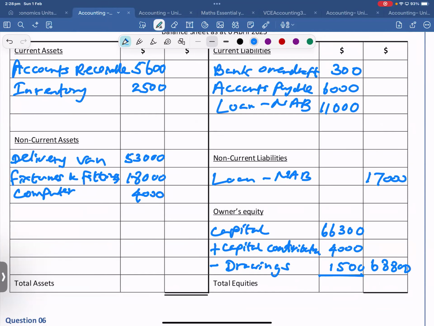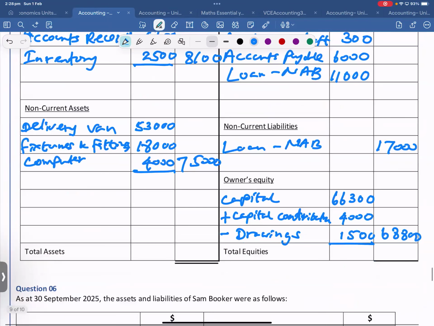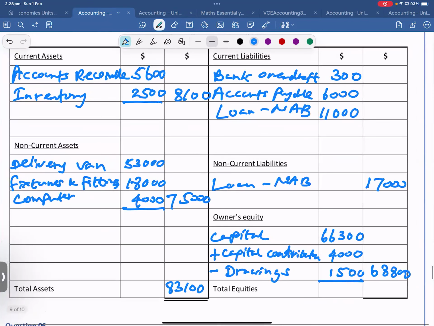Right. Then I'm going to add current assets, 8,100. Non-current 75,000. 75,000 plus 8,100 is 83,100.